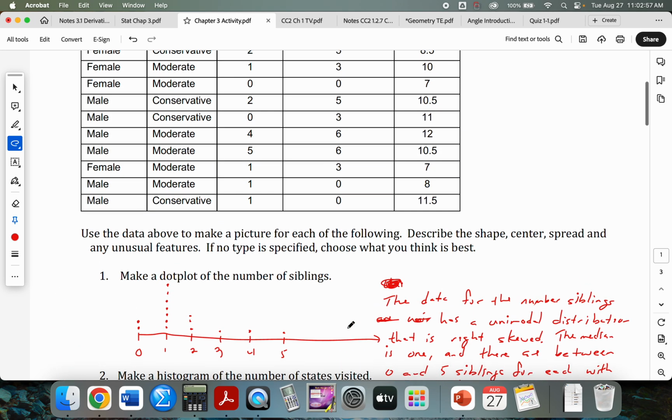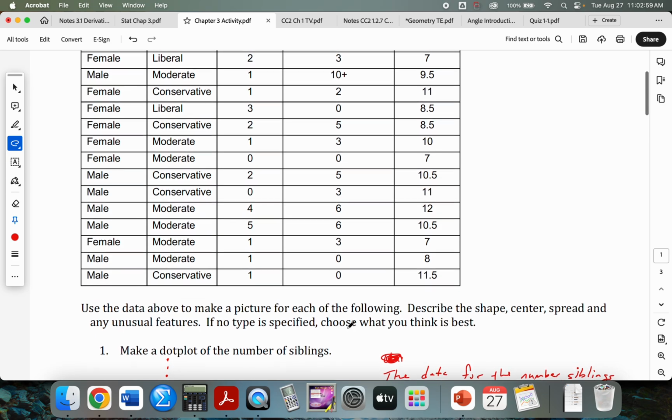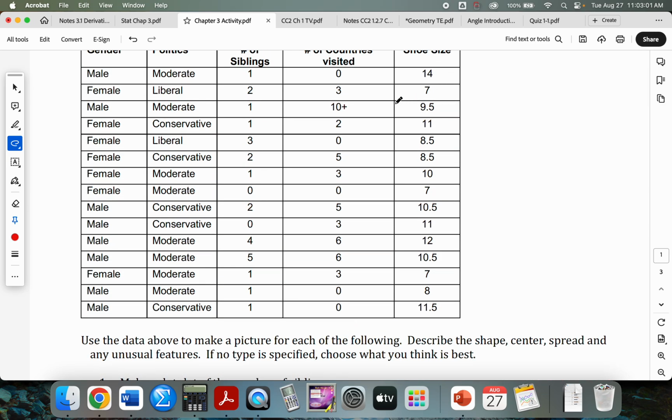So from 0 to 3, is that going to include these 3s? No, 3s are after. It's 0 up to, but not including 3. And that's a hard thing to remember.